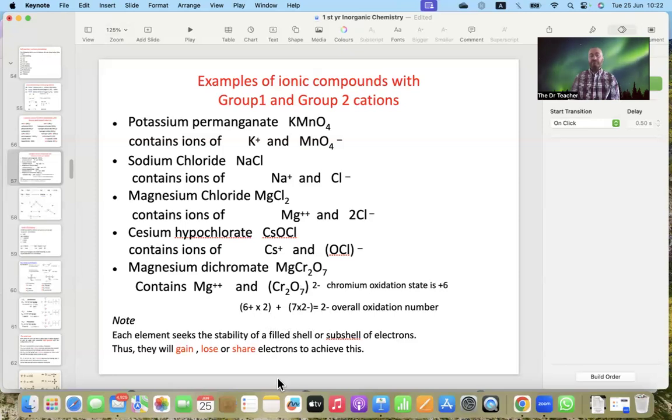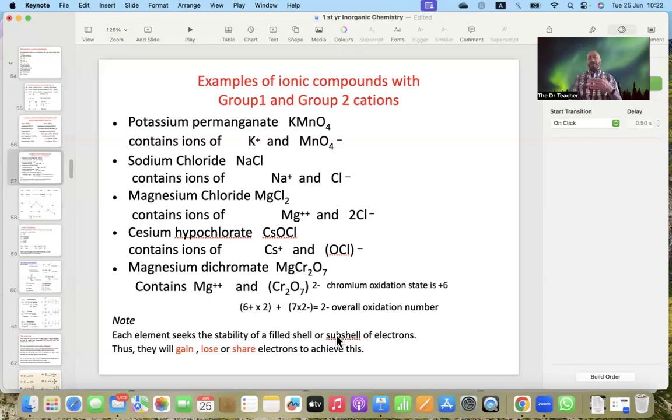So we need to know something. Each element seeks stability of a filled shell or subshell of electrons. So always the element seeks stability. Stability means it will become neutral. And ions in nature, they don't stay as anions always, because they are active, radicals have single electrons.